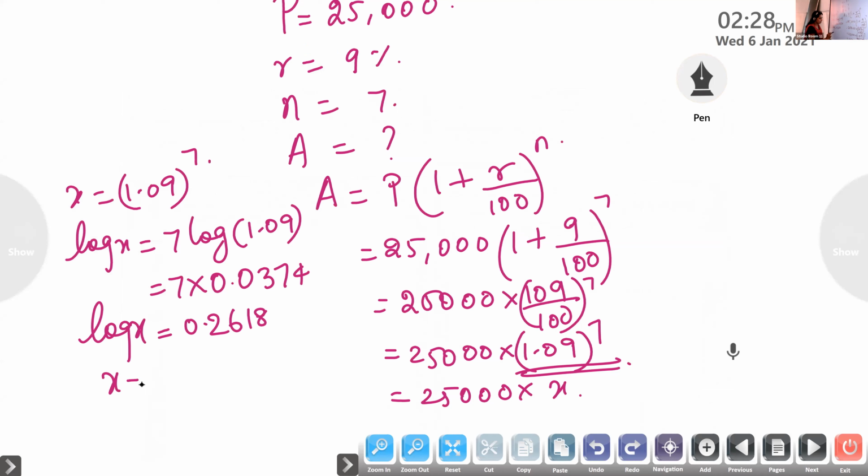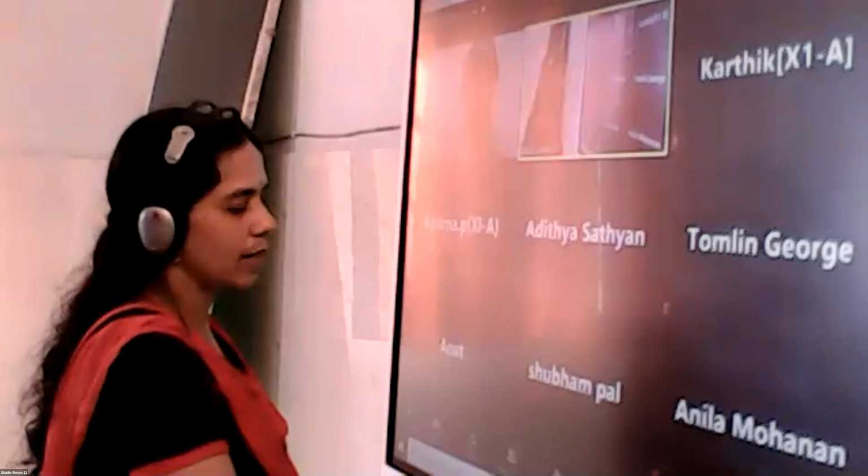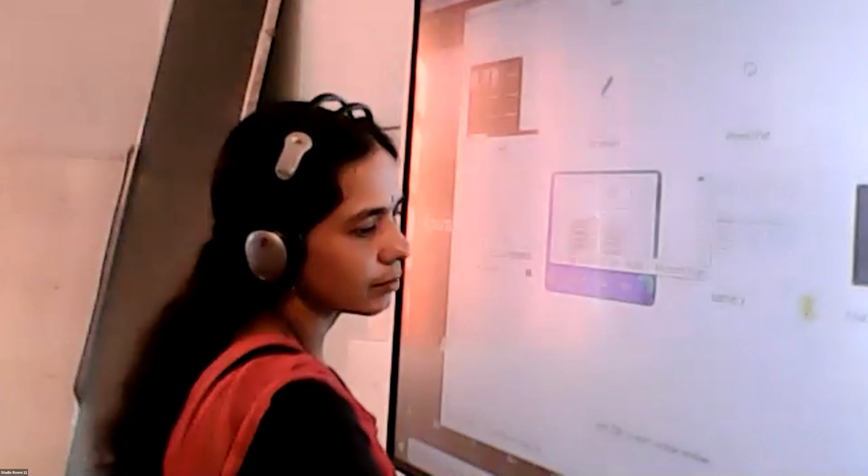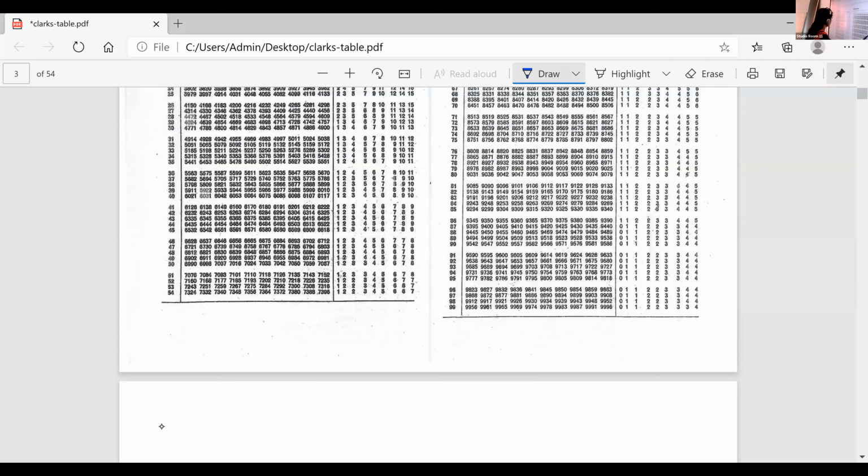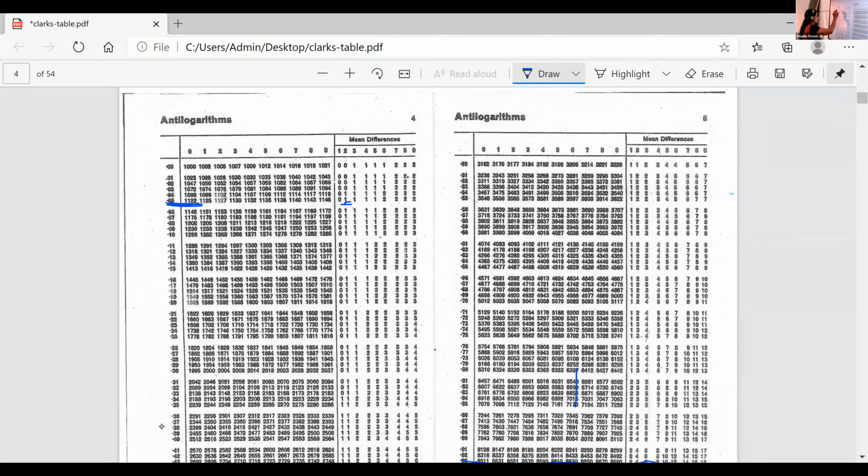Therefore, what is x? We have to take the anti-log of 0.2618. So what is anti-log of 2618? 261, 1 and 8. Here 8 is 3.